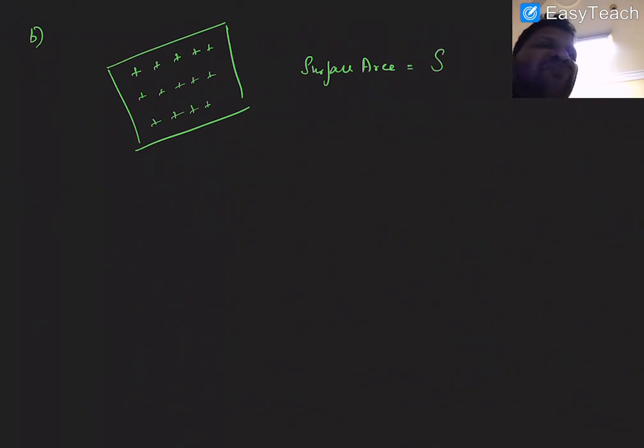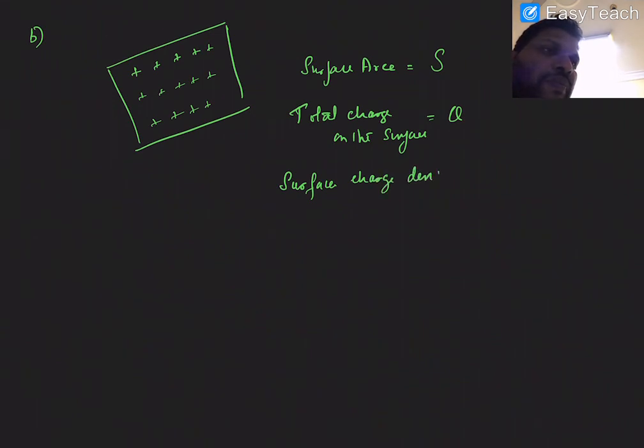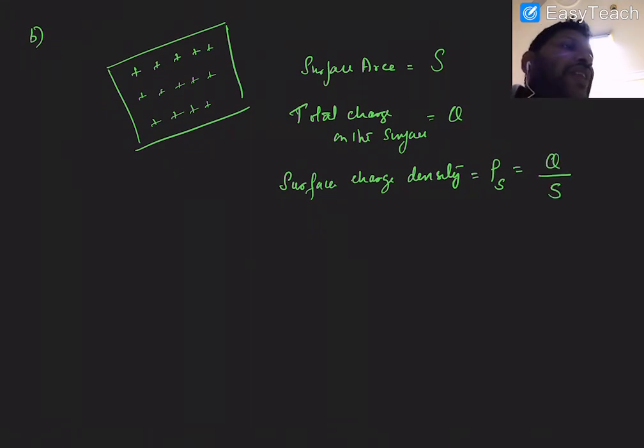The total charge on the surface is given as Q. Then we can define the surface charge density as rho S. Previously we used rho L, now it is rho S, equal to Q over the total surface area, and this has the unit coulomb per meter square.